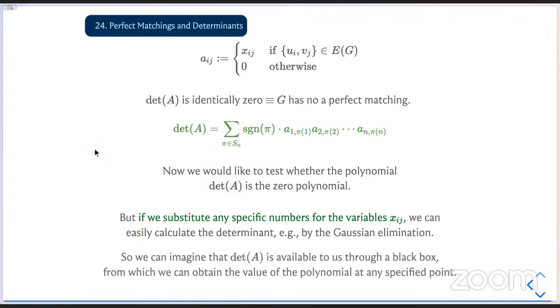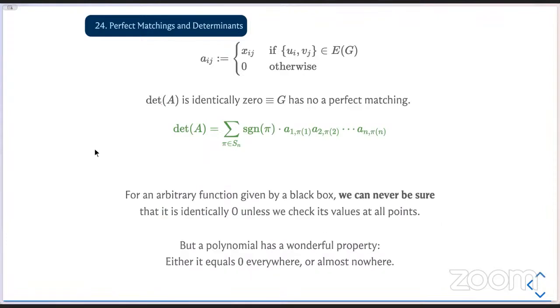So we're going to try and formalize this intuition. This polynomial is available to us through the black box of the determinant algorithm. So we can efficiently compute the determinant, and we're just going to keep prodding that black box a few times. The nice thing about polynomials is that either it's 0 everywhere, that's the identically 0 case, or it's 0 almost nowhere, meaning there are only a few places.